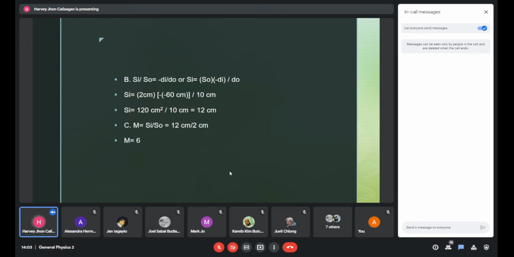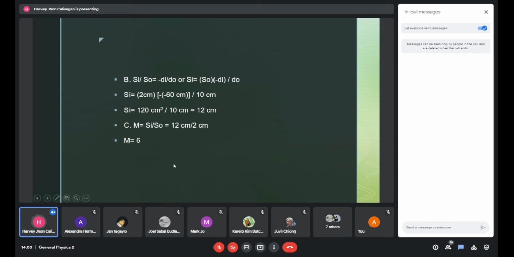So, we substitute 2 centimeter times, okay? Remember what will happen when a negative is multiplied by a negative, it becomes positive, right? So we have positive 60 centimeter divided by 10 centimeter. And then multiply the 2, then divide by 10. So we have SI is equals to 120 centimeter squared divided by 10 centimeter. After dividing, we have now 12 centimeter as our size of the image.